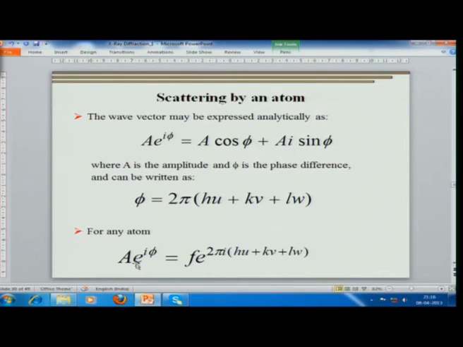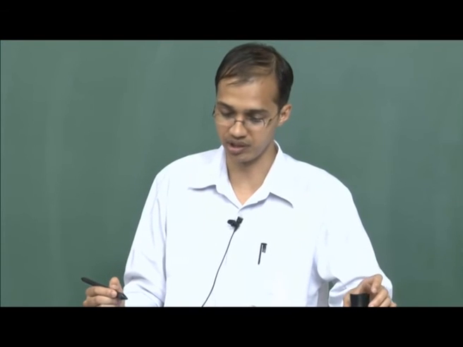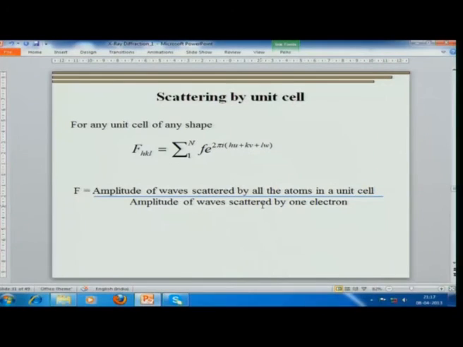For any atom, A e^(i phi) is nothing but f e^(2 pi i (hu plus kv plus lw)). But as you must be aware, as soon as I talk about these locations u, v and w, this is true for an atom that is not isolated but is in a unit cell. Therefore, if you look at the scattering by a unit cell which comprises more than one atom, as in an FCC or BCC unit cell, the simplest example I mentioned earlier was the simple cubic case, wherein there is only one atom per unit cell.